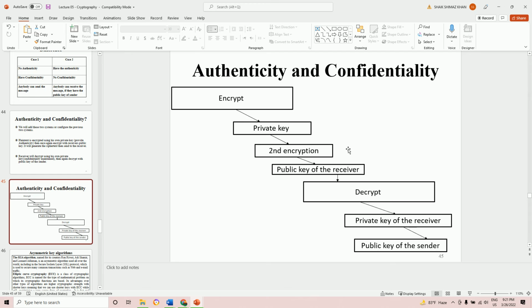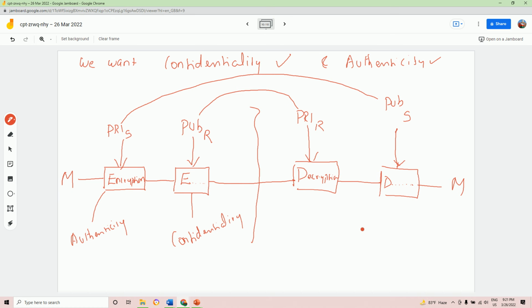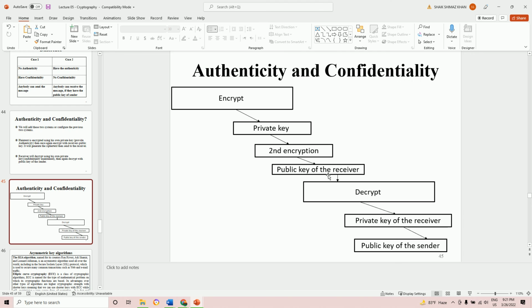So both authenticity and confidentiality, how to do that. I have explained with this diagram, which is very clear, with no ambiguity, no confusion, because here you know which is which: private key of sender, public key of receiver, private key of receiver, public key of sender.